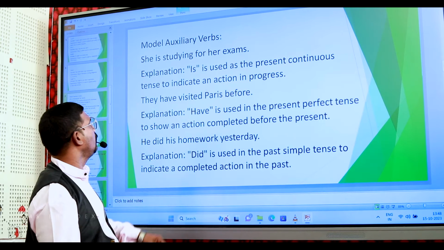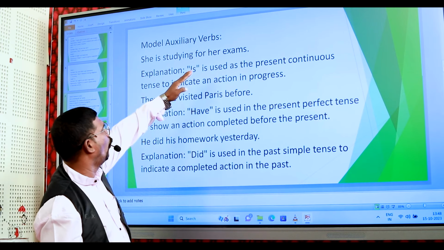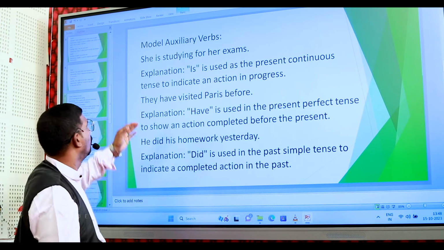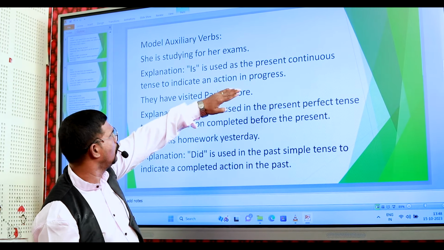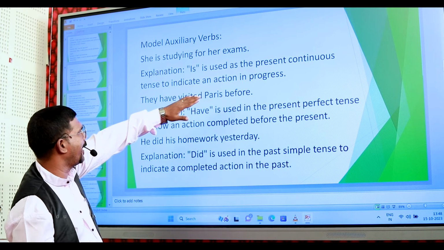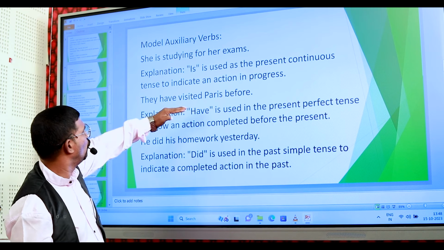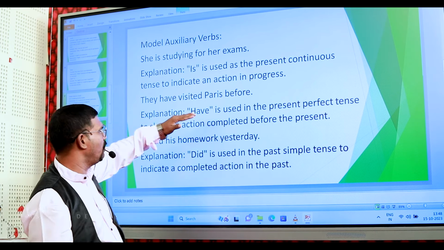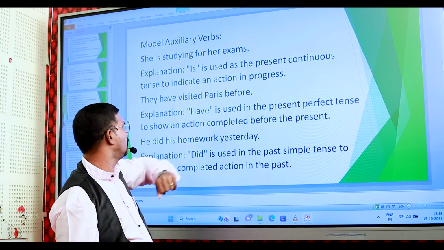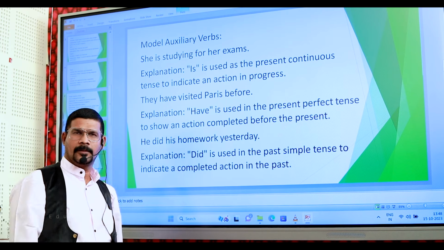Now, modal auxiliaries. She is studying for her exams. Explanation, is is used as a present continuous tense to indicate an action in progress. They have visited Paris before. Explanation, have is used in the present perfect tense to show an action completed before the present.